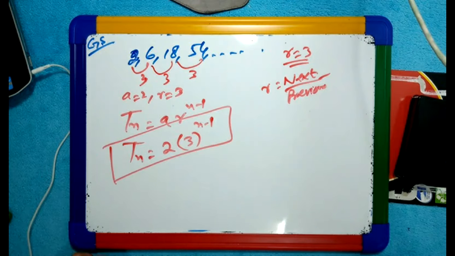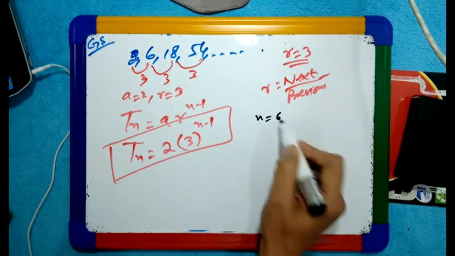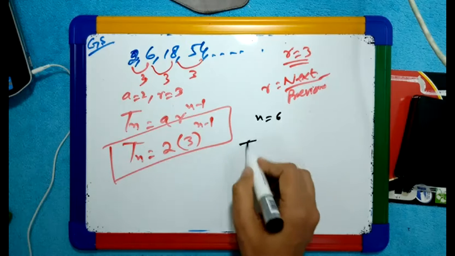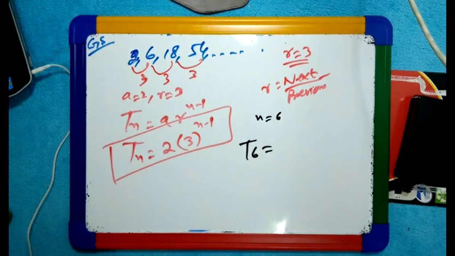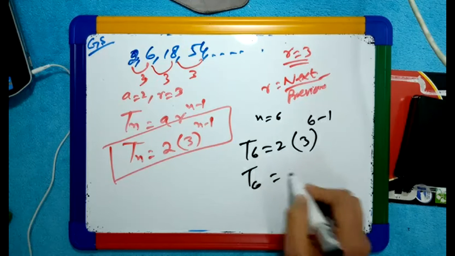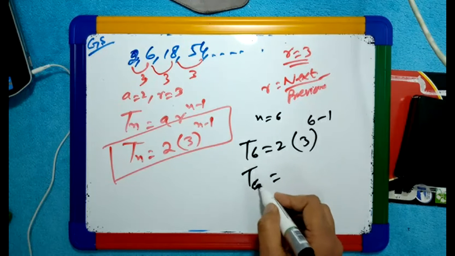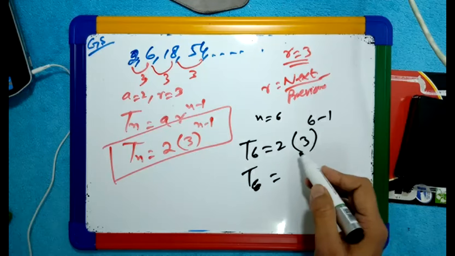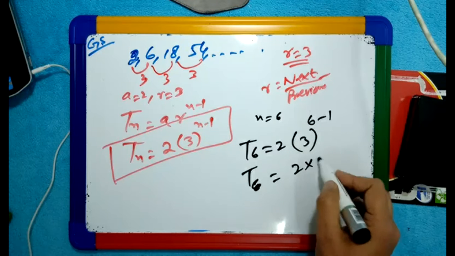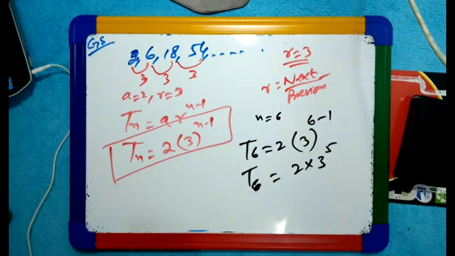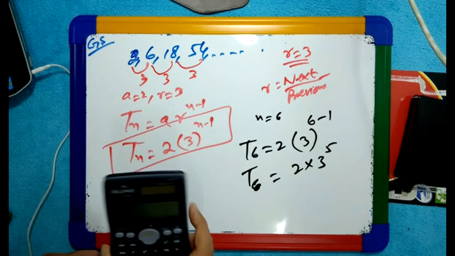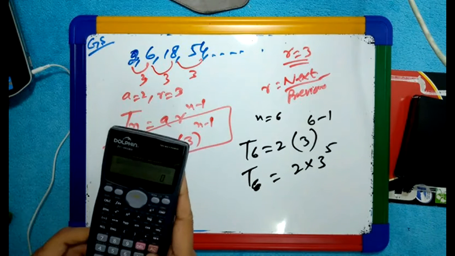T6, the sixth term, is 2 times 3 raised to power 6 minus 1, so 3 raised to power 5. 3 raised to power 5 equals 243. 243 multiplied by 2, the answer is 486.